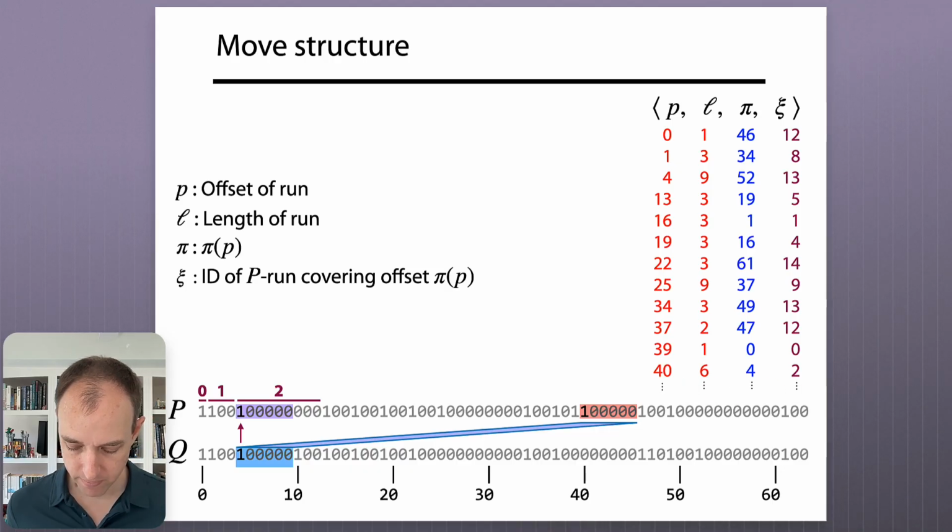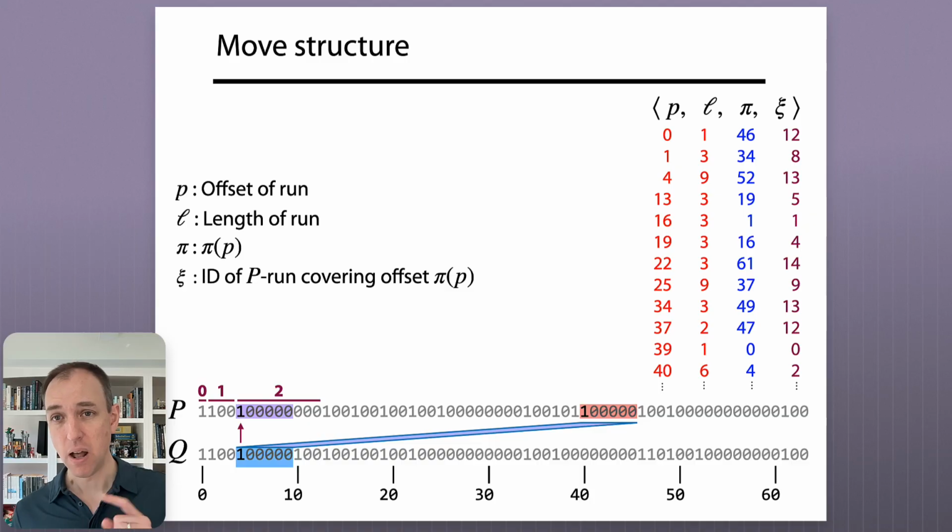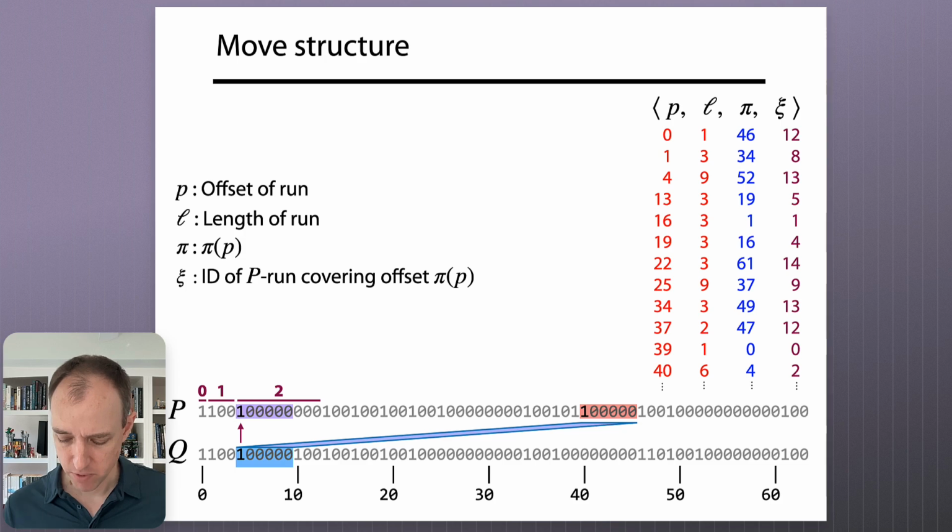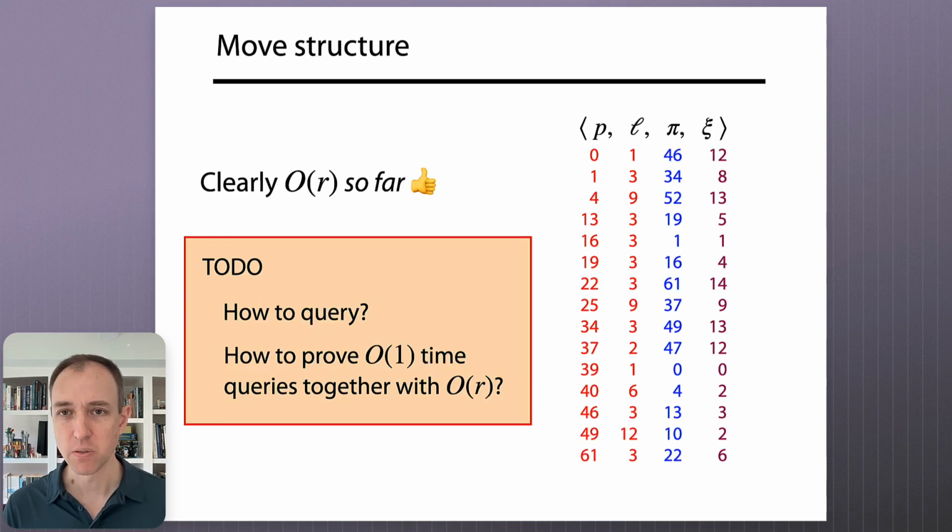Okay? This is, you might call it, the first draft of the move structure. This definitely embodies what the move structure is. We are going to change it slightly, but only slightly. So you already have a very good feel for what the move structure actually is.